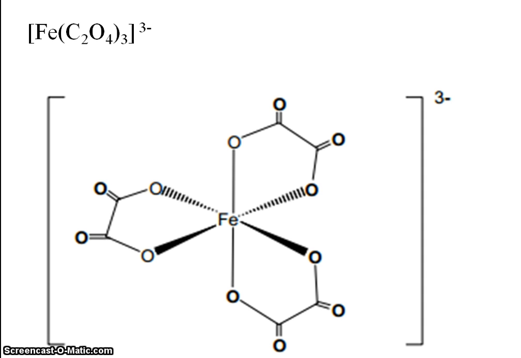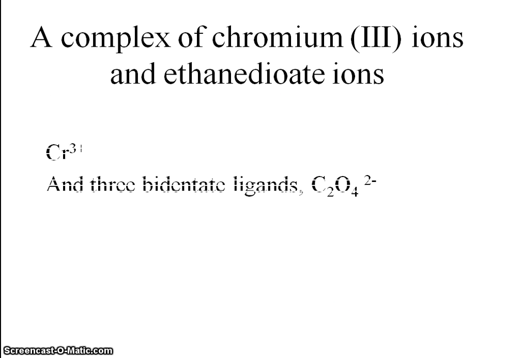There's a diagram showing those 3 bidentate ligands and the charge outside the bracket. You can see that the coordination number is 6, since there are 6 dative bonds altogether.